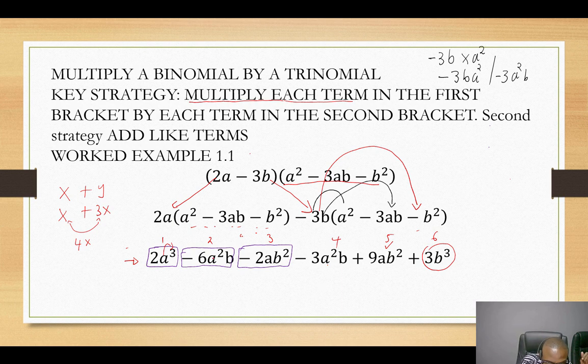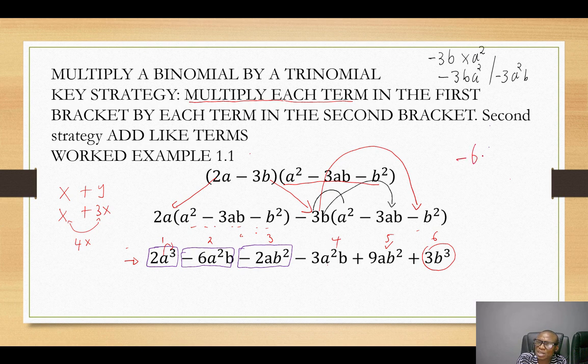And this a of exponent 2 is with b. It's minus 6a squared b. Even here I have minus 3a squared b. So second term and fourth term, they are the like terms. You can tell it's a squared b. Minus 6a squared b minus 3a squared b. So we can add these two actually.